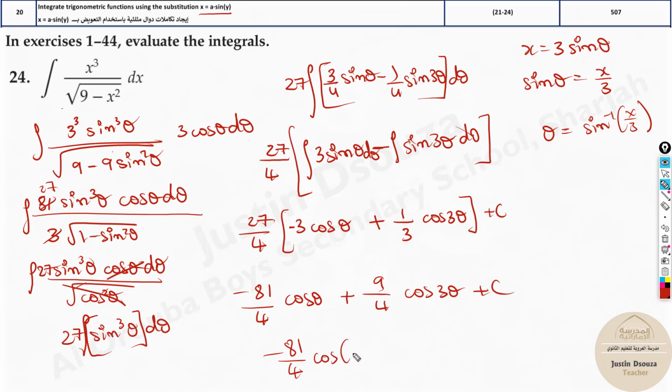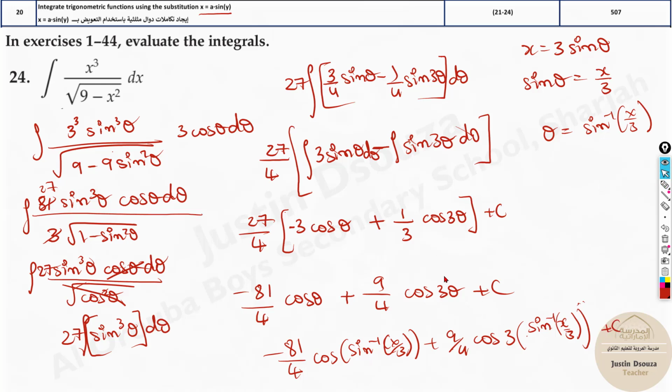Cos of sine inverse of x by 3 plus 9 by 4 cos of 3 times sine inverse of x by 3 plus c. So this is the final answer.